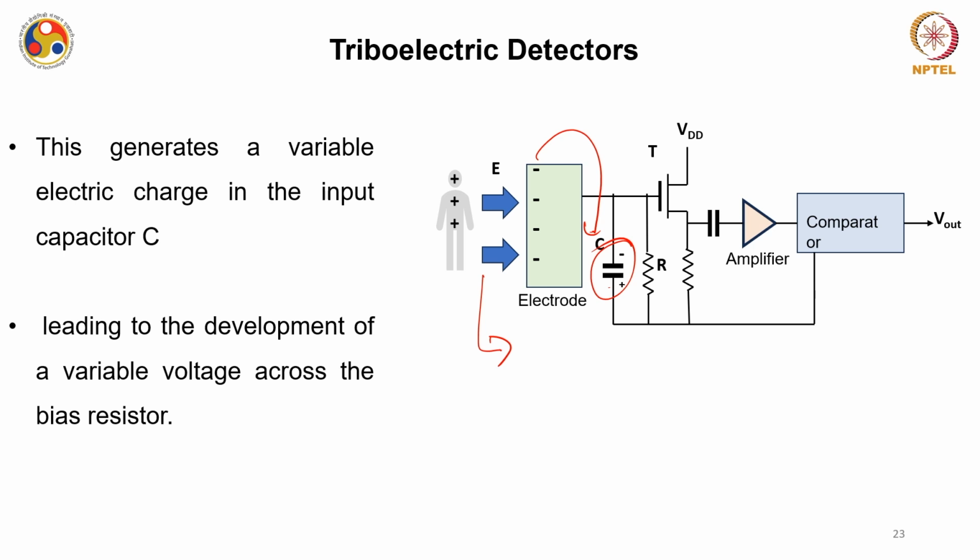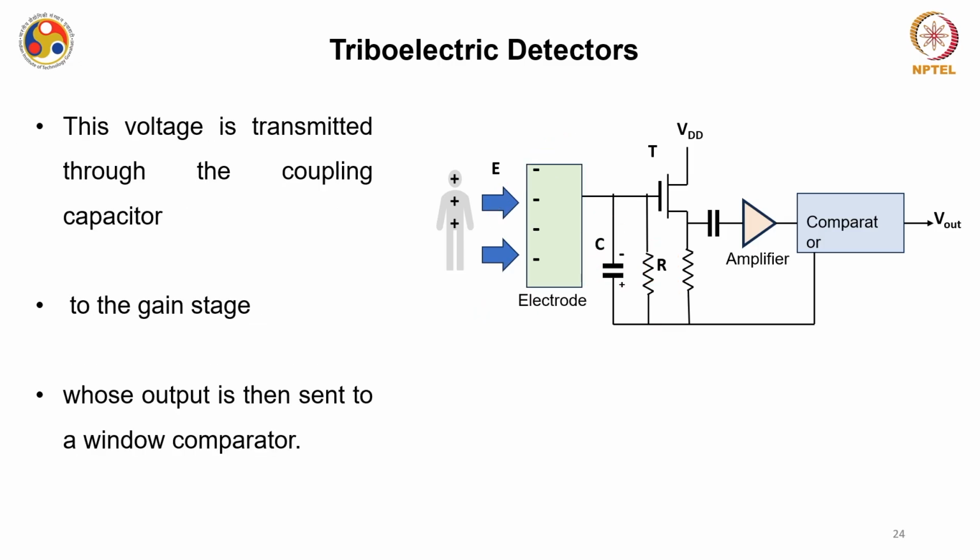This leads to the development of a variable voltage across the bias resistor. As the voltage across this capacitance changes, the voltage across R also changes, and this is variable because the field is indirectly governing the voltage across this resistor.